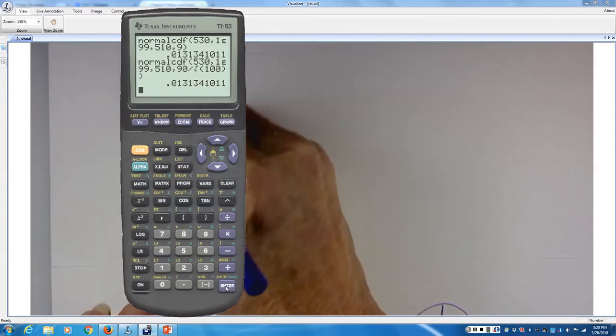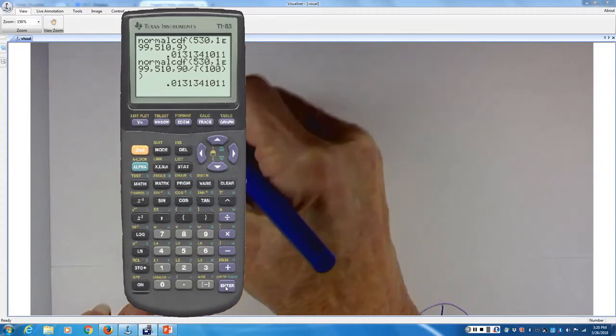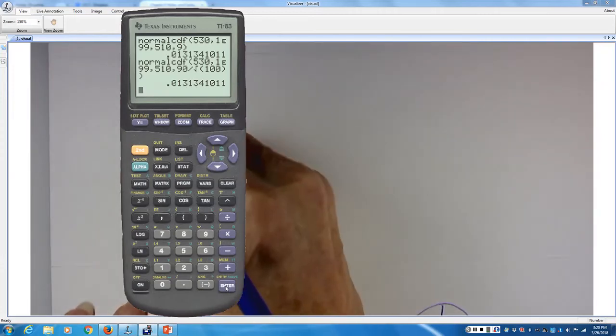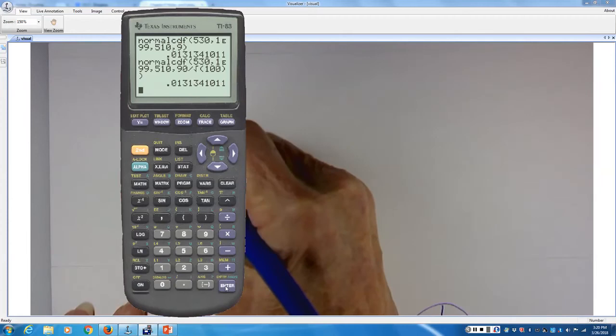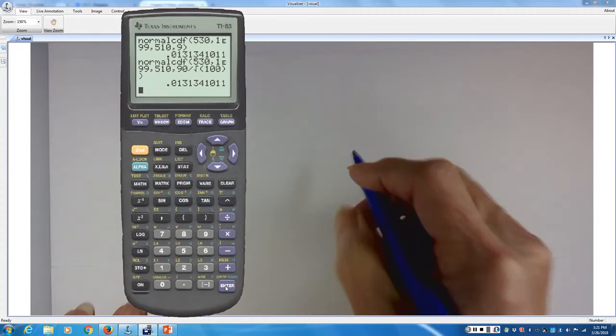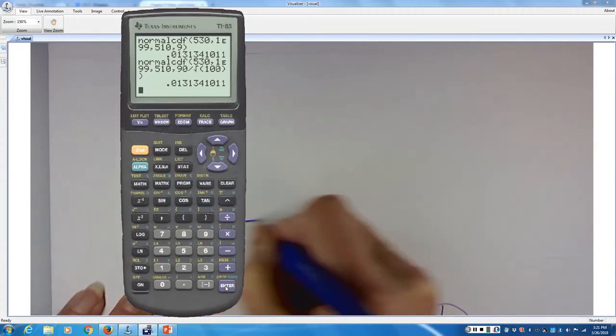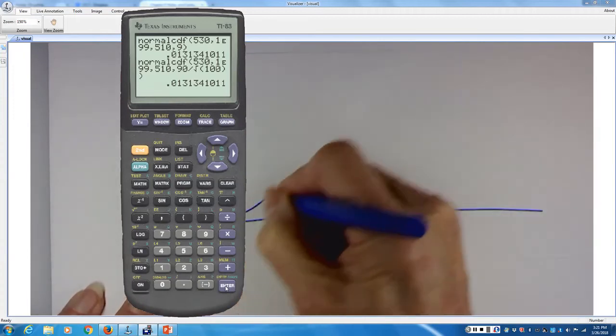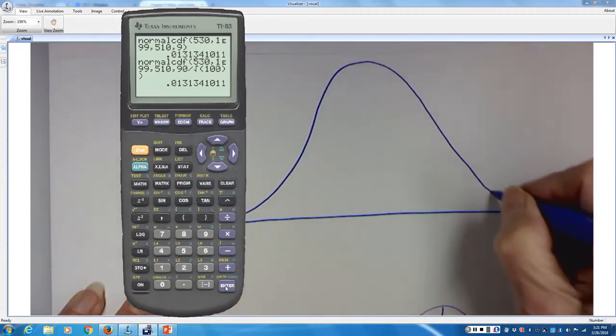And the standard deviation should be 90. So if we took a bunch of samples of 100 each, we could use that information to find a slightly different probability question.